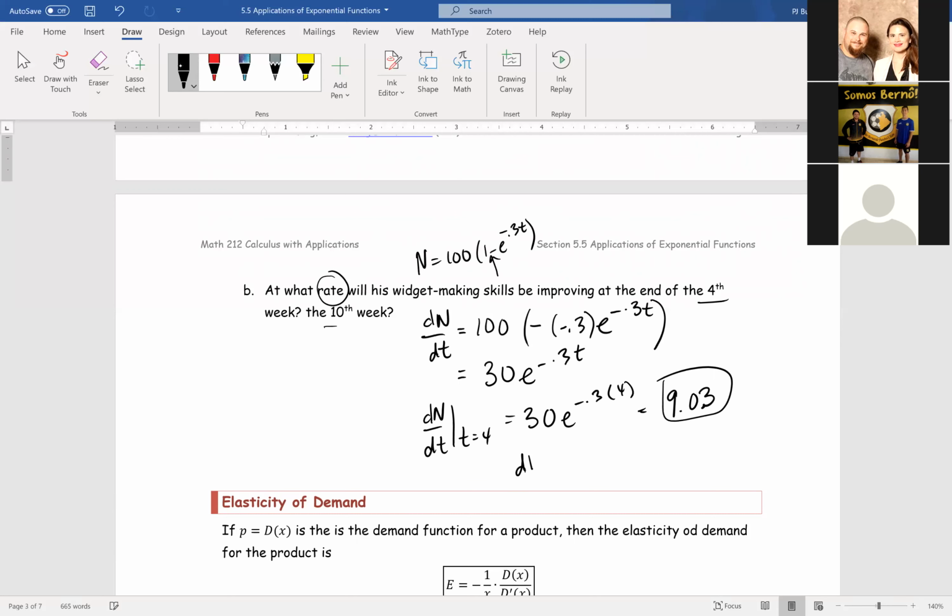And finally, dn/dt at t equal 10 is 30 e to the minus 0.3 times 10. And that's about 0.49.